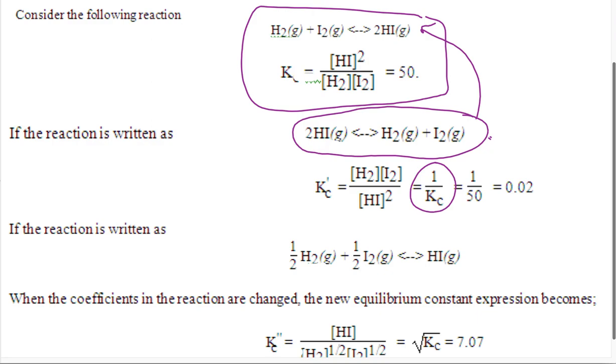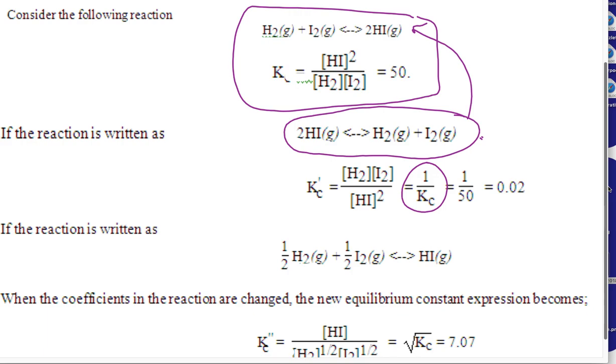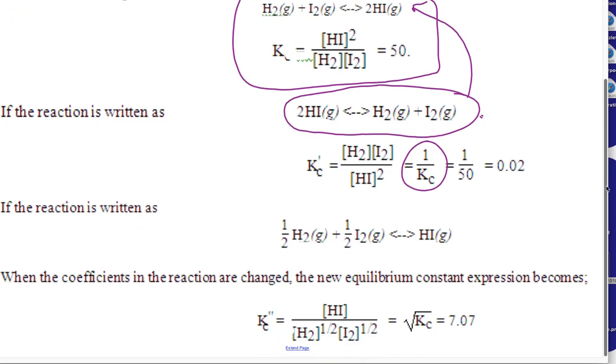Got it? All right, now let's talk about what happens if we multiply through by something. So back up, this goes back up to the original equation. I should go down to here. What did I do to that equation on top to get this equation right here? What did I multiply through by? 1/2.